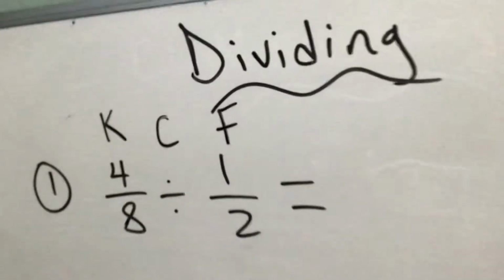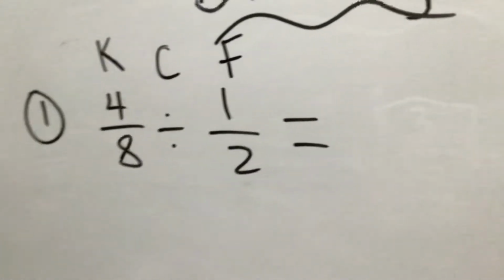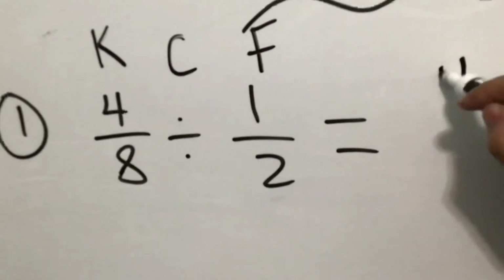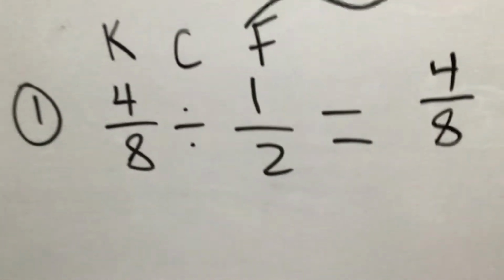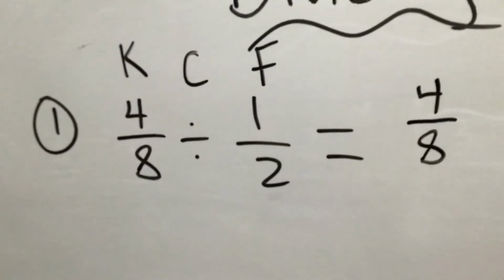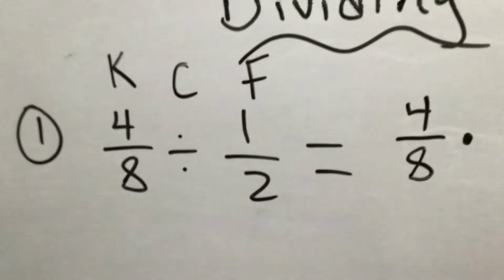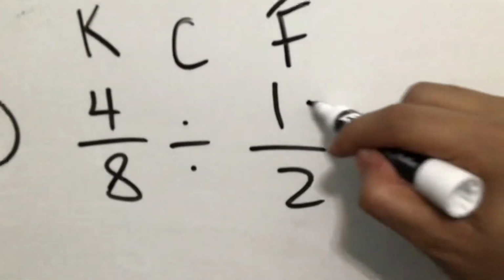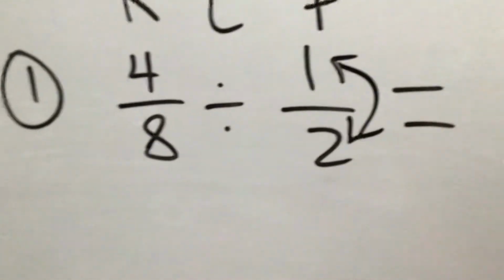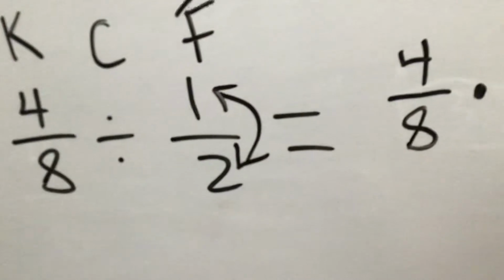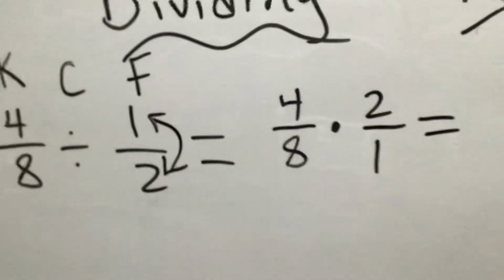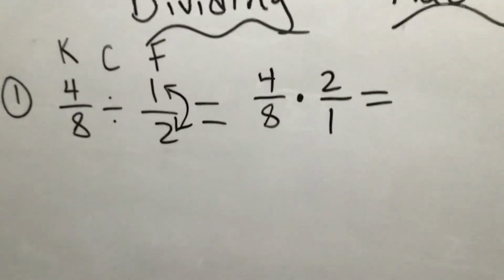So we are going to keep the 4/8, leave it the same. We are going to change our sign from division to multiplication. And we are going to flip the 1/2. So the 2 will come to the top, the 1 will scroll down. So there you can see we flipped the second fraction.